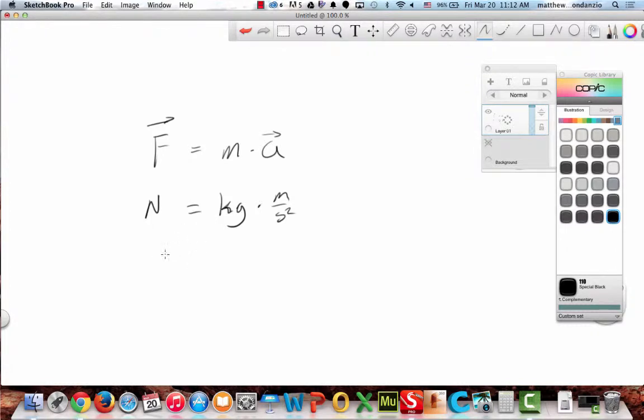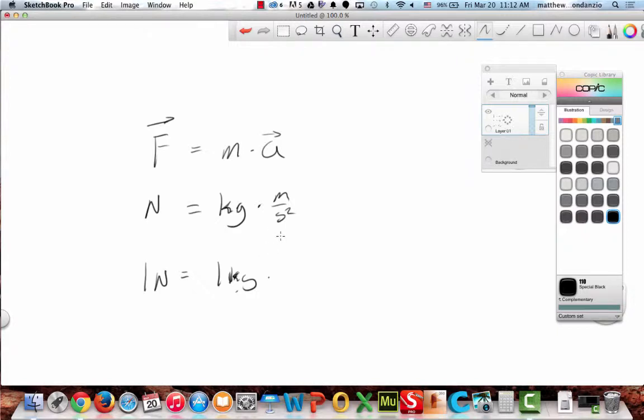What this means is that it requires 1 Newton of force to take 1 kilogram, and do what with that 1 kilogram? Change its velocity.